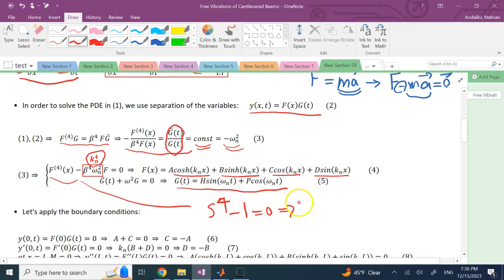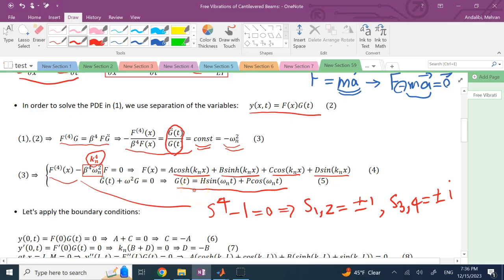And as you know, there are 4 roots. 2 of them are positive and negative 1, which correspond to the hyperbolic or the exponentials, and the 2 other ones are what? Plus and minus i, the complex number. And those correspond to what? These harmonic responses.